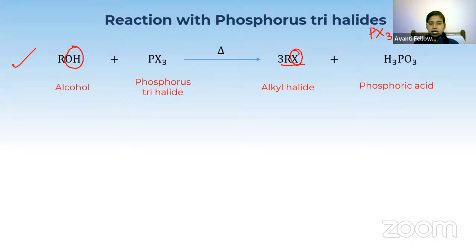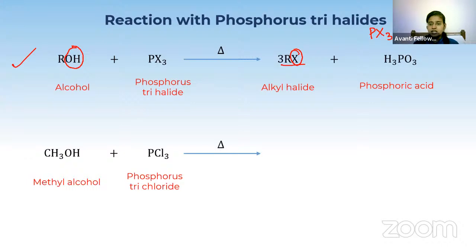So if I have to take one example, methyl alcohol on treatment with PCl3, we will get... Can you give me the product formula? So what will be the product from this reaction? Can anyone give me the name of the main product, or the formula of the main product? It's very easy, right? Methyl alcohol plus phosphorus trichloride gives dash plus H3PO3. So somebody fill the dash.